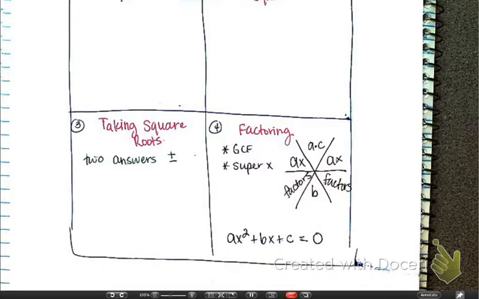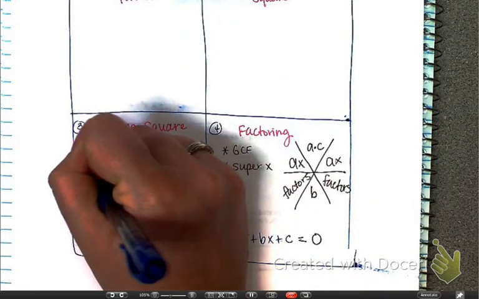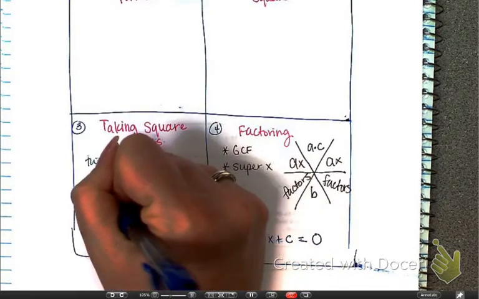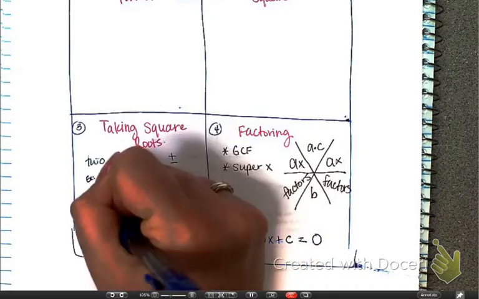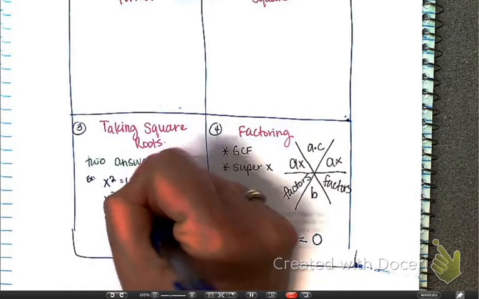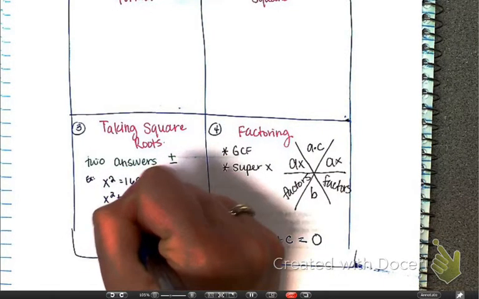Is there anything you notice about the equations for taking square roots? Joseph? Okay, your highest exponent's 2. All of them will be, because we're solving quadratics, and quadratics have the highest exponent is a 2.